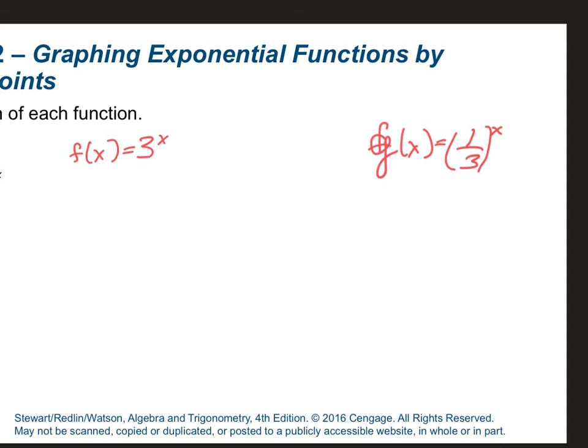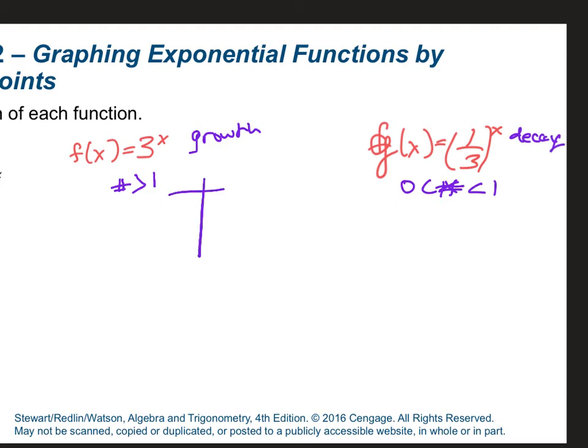Yeah, a little bit. They are. They're reciprocals of each other. Notice this is a number greater than 1, and this is a number between 0 and 1. This is going to be a growth. It's a whole number bigger than 1. This is going to be a decay.